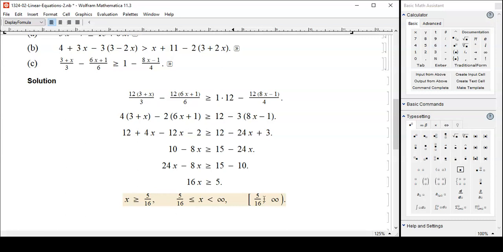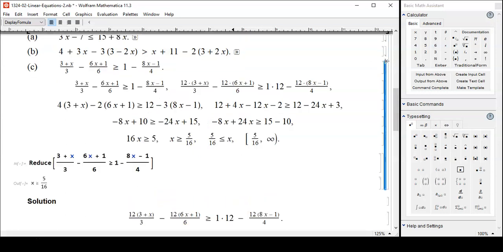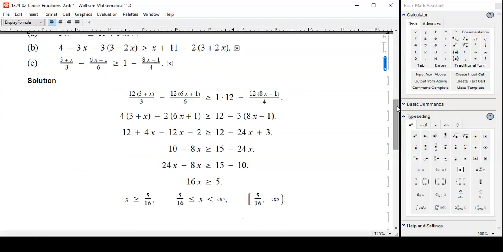Interval goes like this: smaller number, comma, larger number. x is greater than or equal to this thing, so smaller number, and then less than infinity, like that. Same.